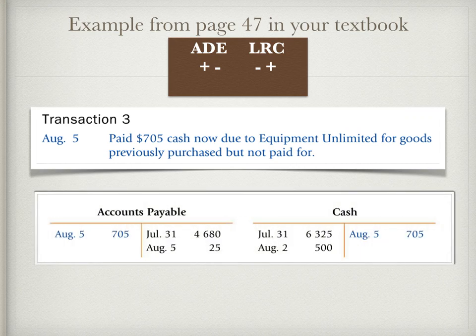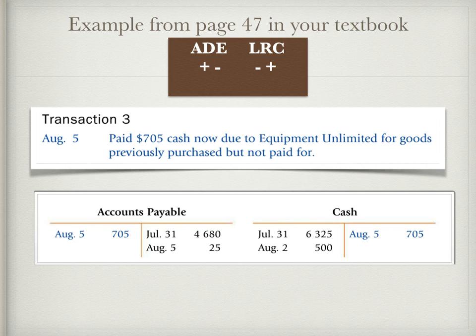So what we're going to be recording here, cash. If you have a look at the cash T account, previously on July 31st, there was an opening balance. On August 2nd, we entered a transaction regarding where we received cash. And now on August 5th, because we paid cash, our cash asset is actually going down.